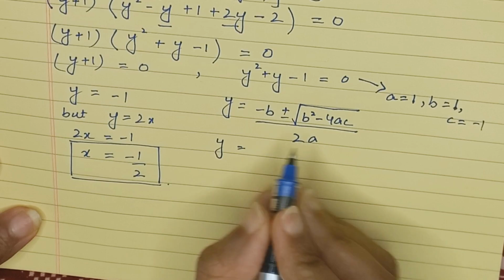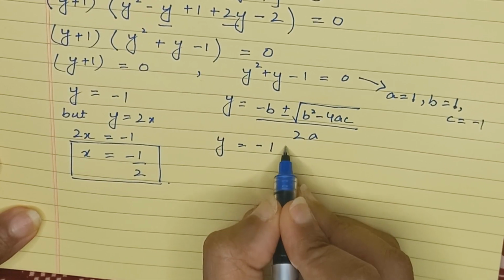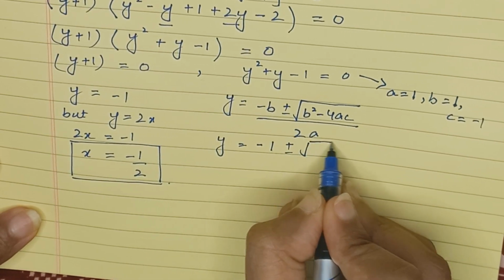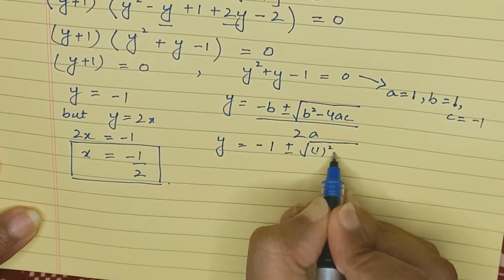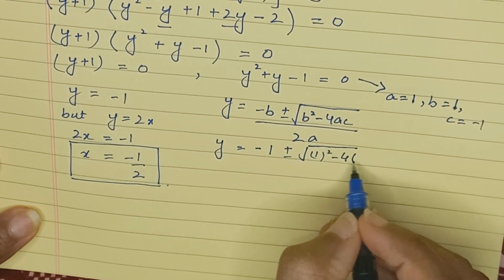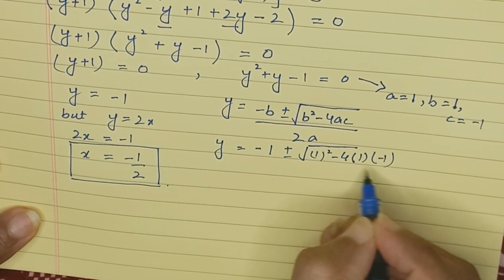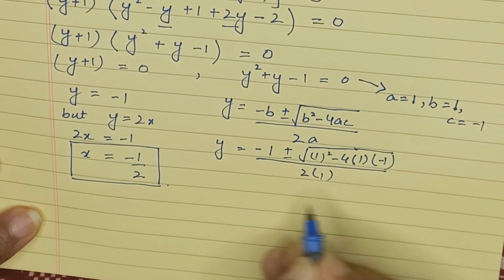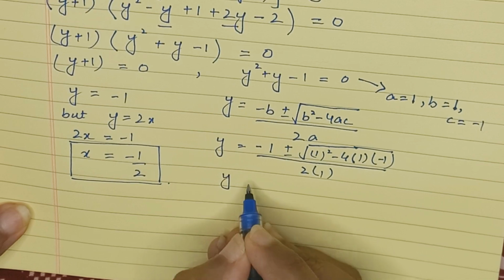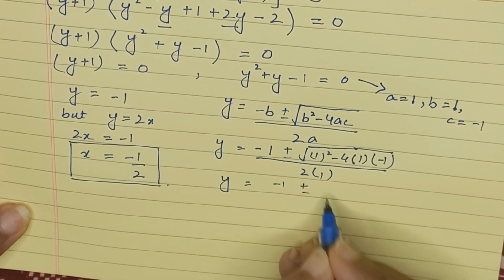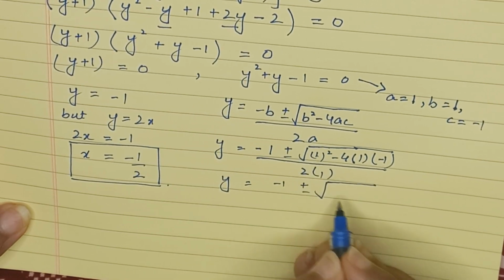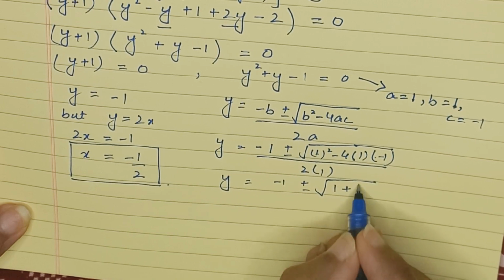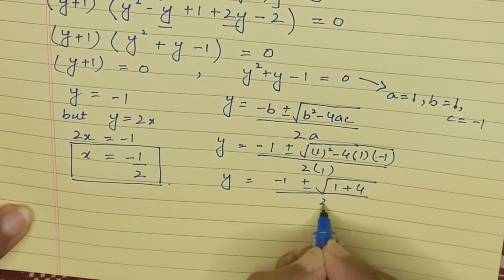So minus 1 plus minus square root of 1 square minus 4, a is 1 and c is minus 1, divided by 2 into 1. Minus 1 plus minus square root of 1, minus minus is plus 4, divided by 2.